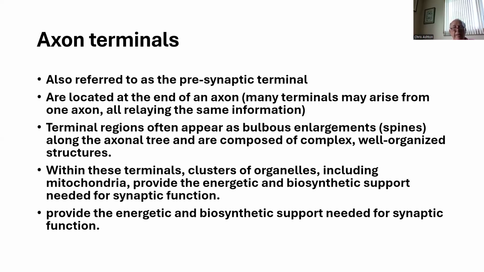They're all relaying the same information, and they are the presynaptic terminals as part of the three-piece synapse. And so the terminal regions often appear as bulbous arrangements that come off of branches of the main dendrite. And the branches are called spines, just for interest's sake.